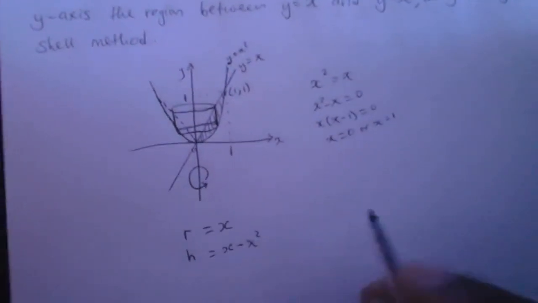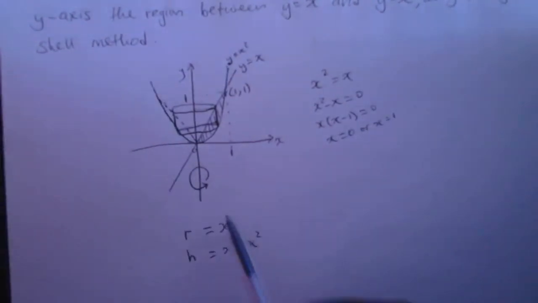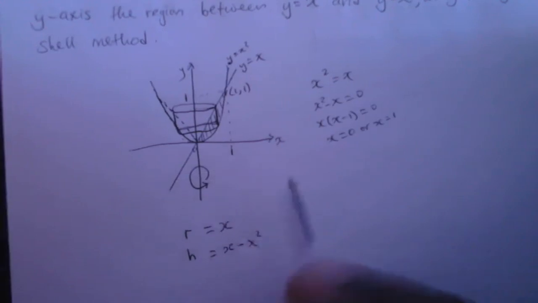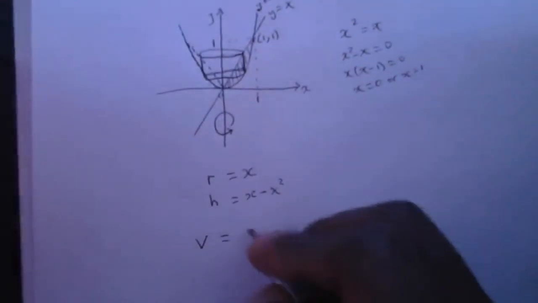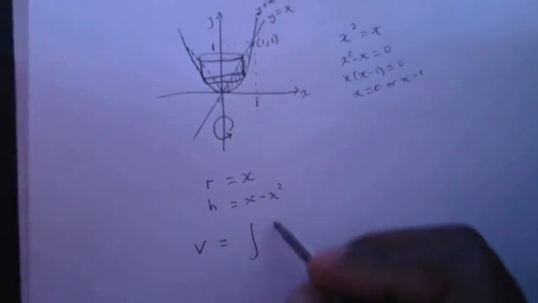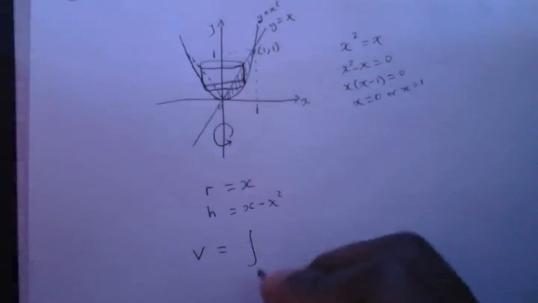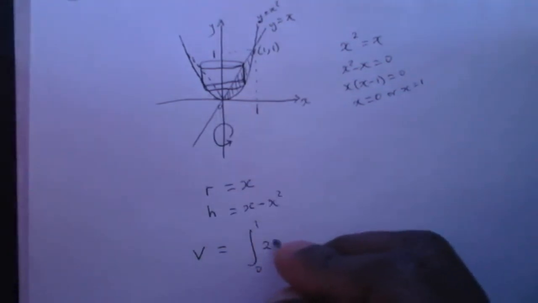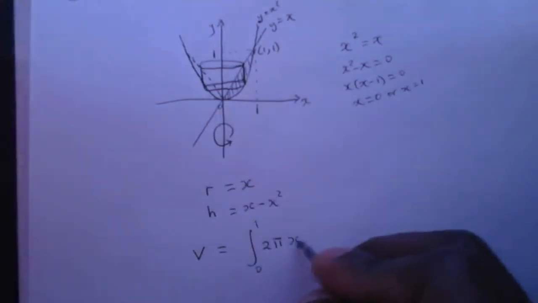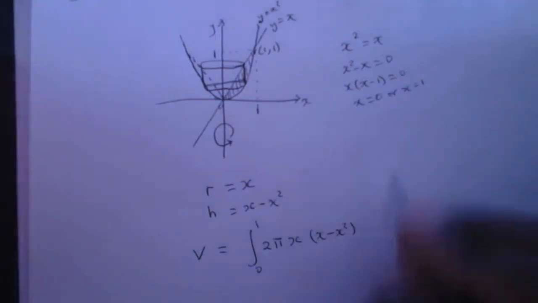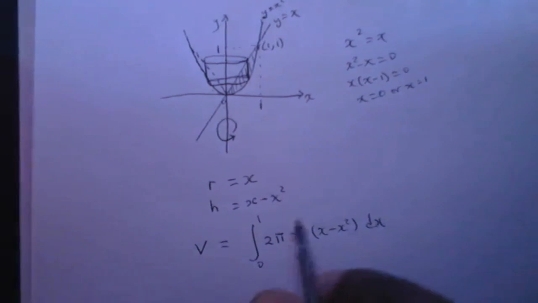Alright, take note, we're integrating in terms of x because now it's the cylindrical shell method. So when it's about an axis, we swap the variables. Alright, so it's in terms of x. And your volume there would just be the integral, in terms of x, from 0 all the way to 1, of 2 pi radius times height dx.